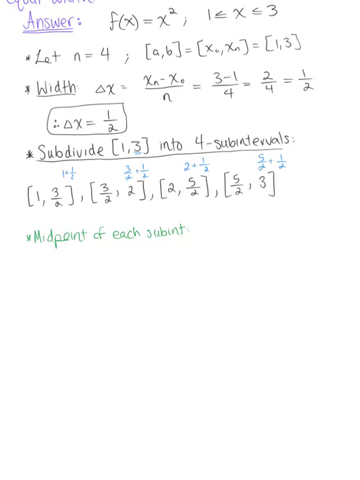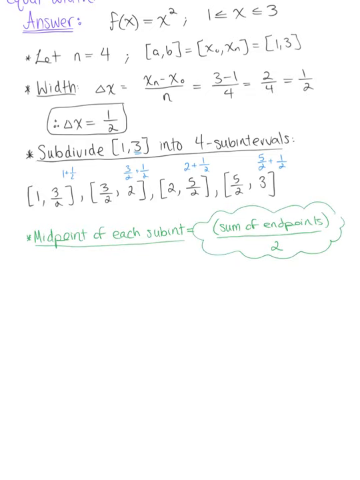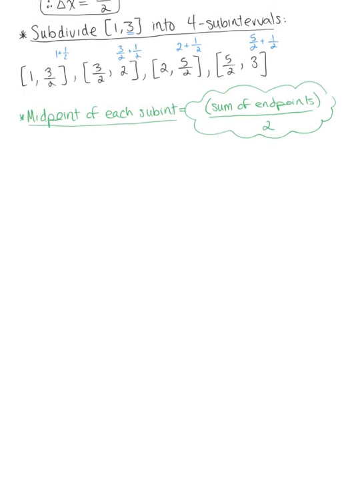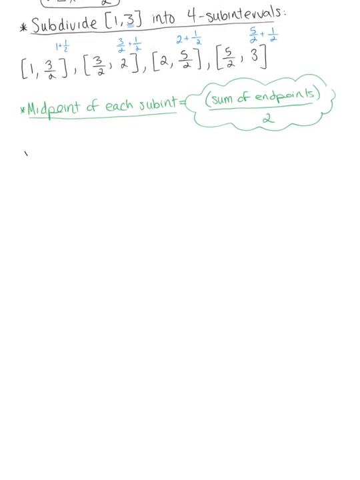To find the midpoint of each one of these subintervals, we're going to need to take the sum of the endpoints and divide it by 2. That will give you the midpoint for each individual subinterval. So let's calculate these midpoints for each of our subintervals and then use them to find the height and sketch our graph.